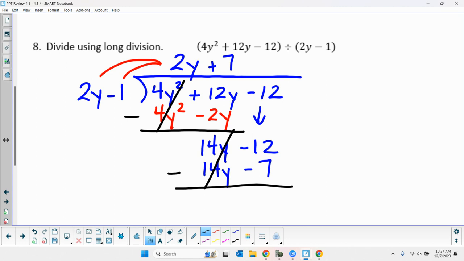The 14y minus 14y is nothing. I've got minus a negative again, so it's negative 12 plus 7, which is negative 5. So that's my remainder. I write in my answer plus negative 5 over 2y minus 1, what I was dividing by.